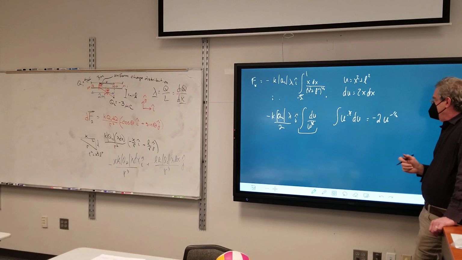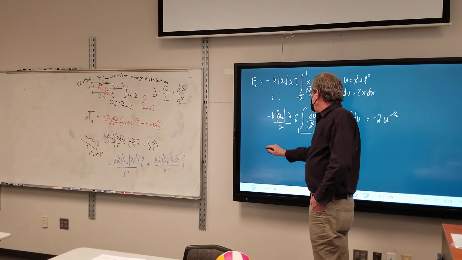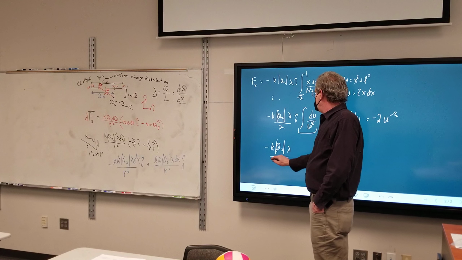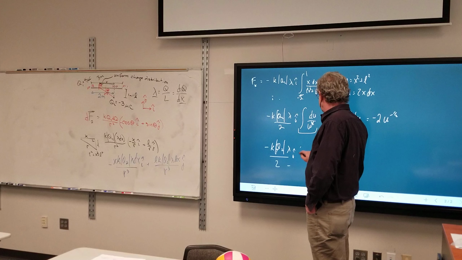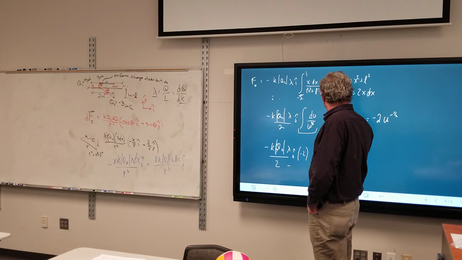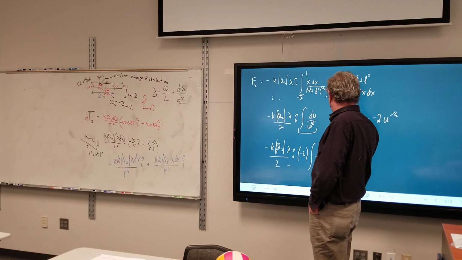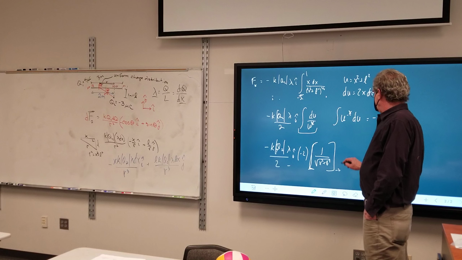And then we also resubstitute u. So I got negative k q2 lambda over 2 i hat times negative 2 times the integral of 1 over the square root of x squared plus L squared, from negative 2 to 1.